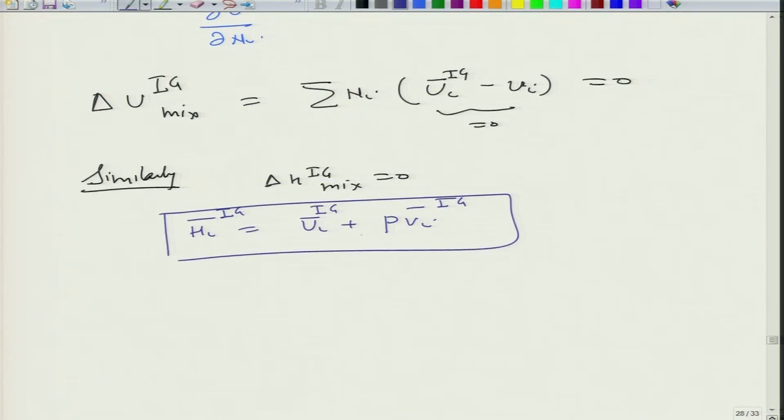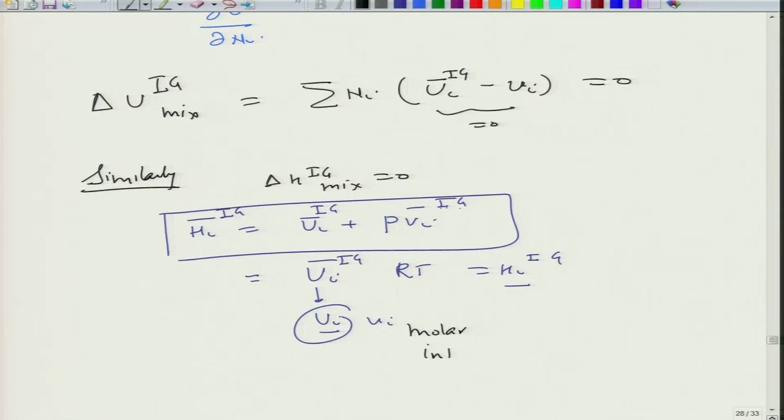Now, given this, I can write Pvi^IG is nothing but RT, and Ui^IG, which is nothing but Hi bar^IG, because this is Ui small, the molar volume or smaller one. In other words, this is a molar internal energy.